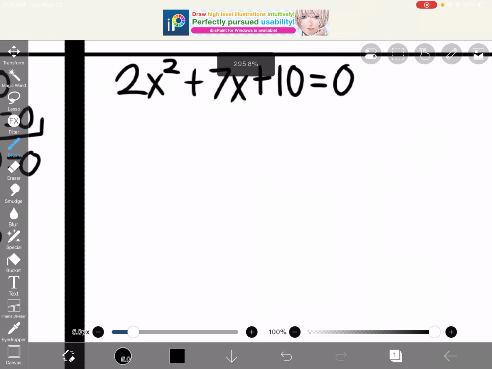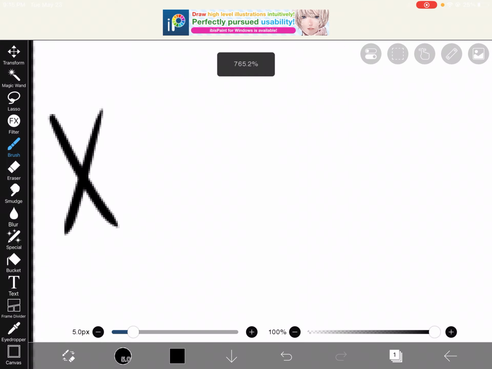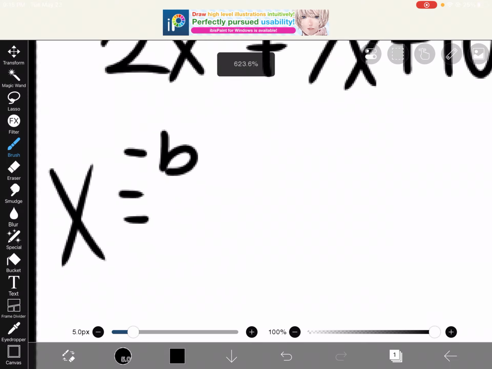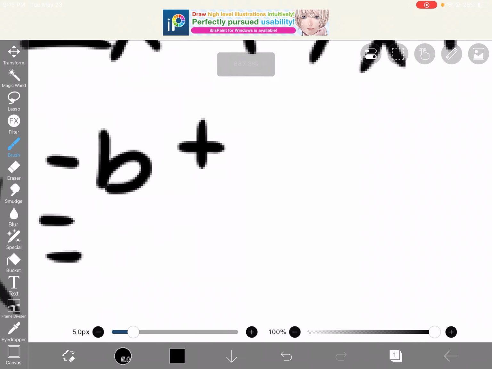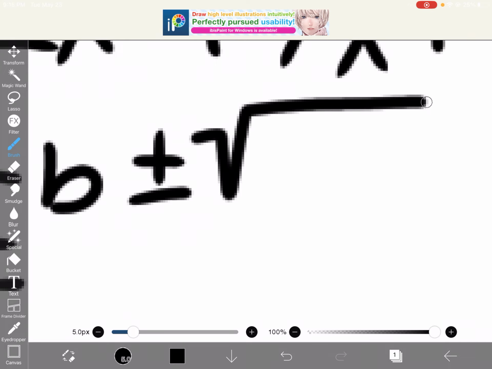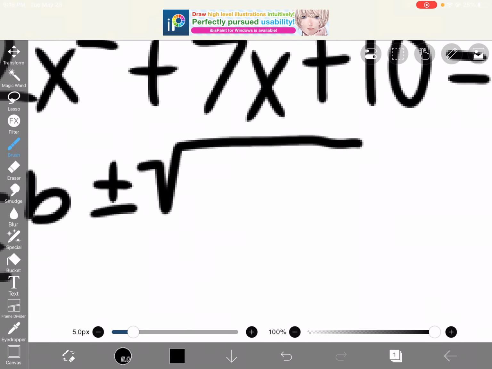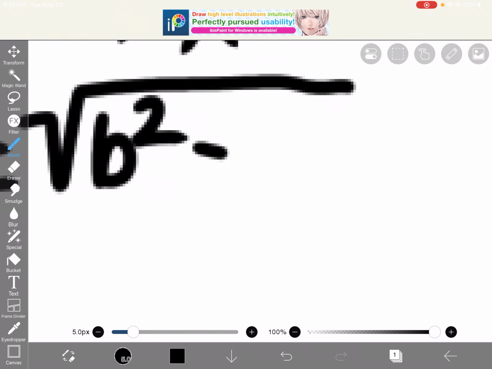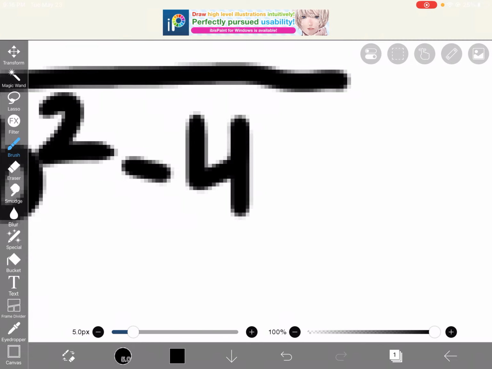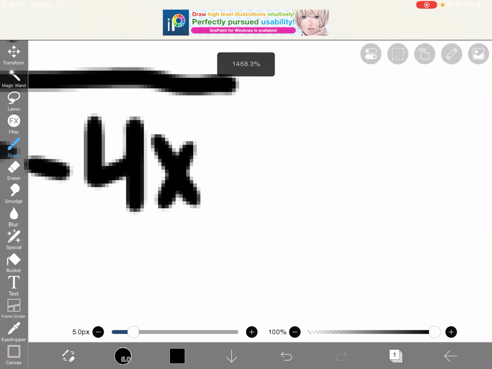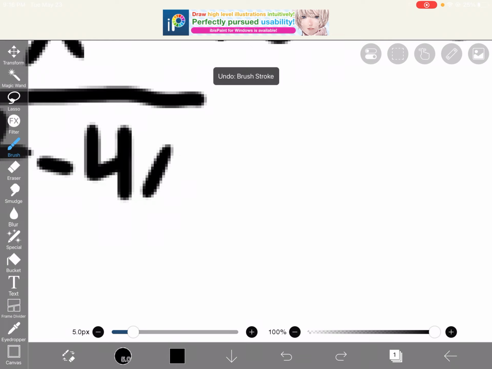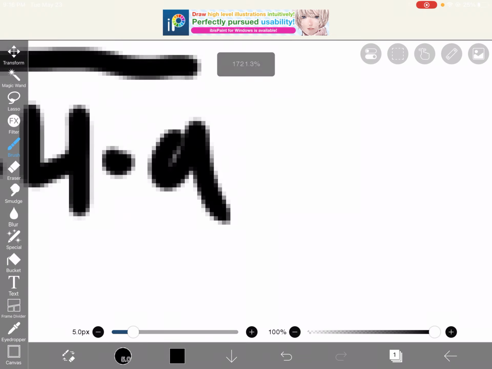The quadratic formula is x equals negative b plus or minus the square root of b squared minus 4 times a times c.